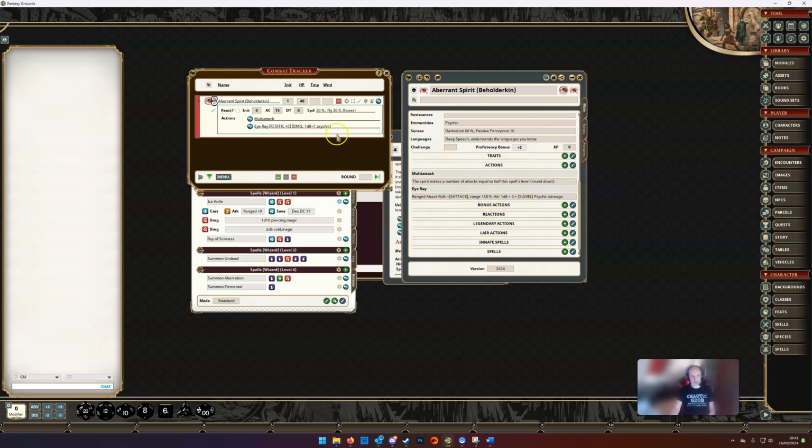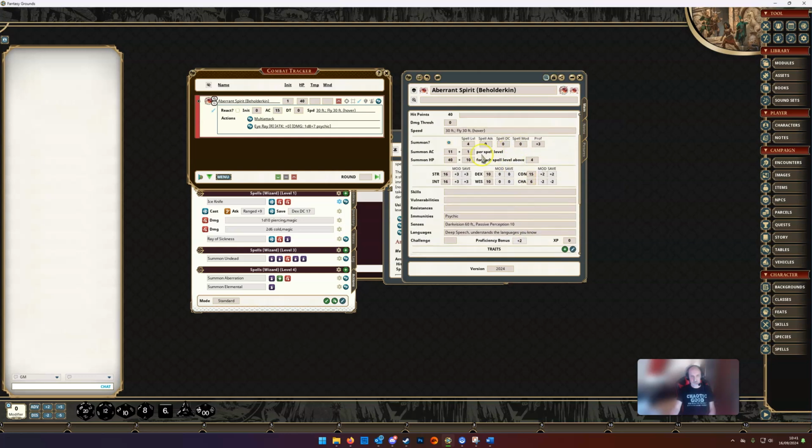The S level has already come through because it's going 1d8 plus 7, so it knows that this is a 4th level spell. Some of the information is filled in here, like the spell level is 4. So we know that, but then Bob here could upcast this to a level 5 or a level 6 or higher spell level, and we would need to change this so that that is taken into account.